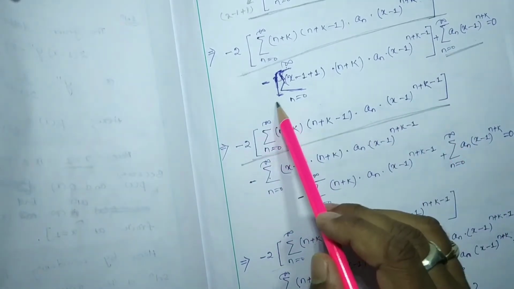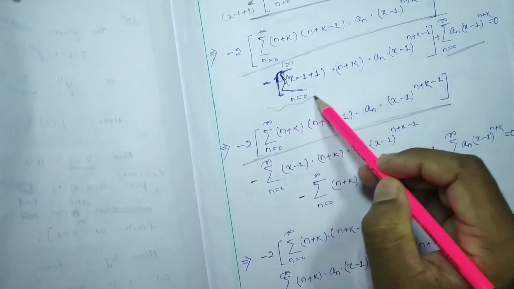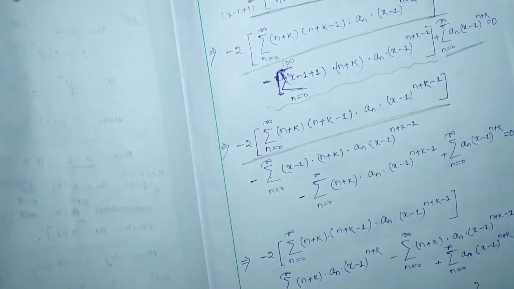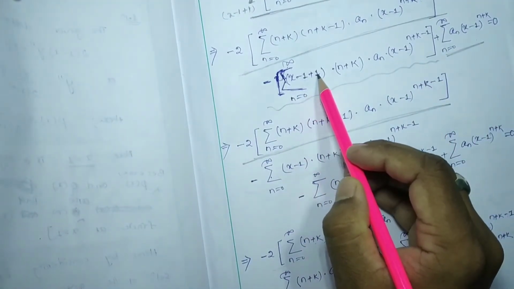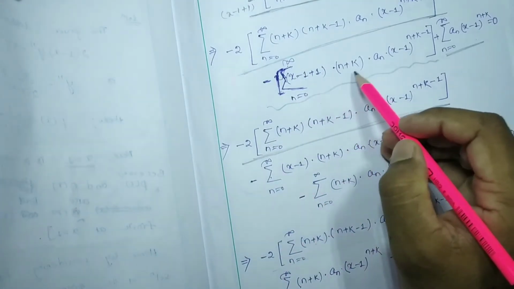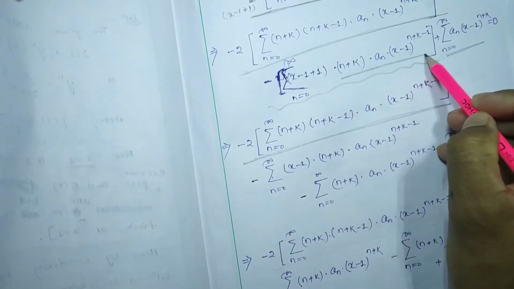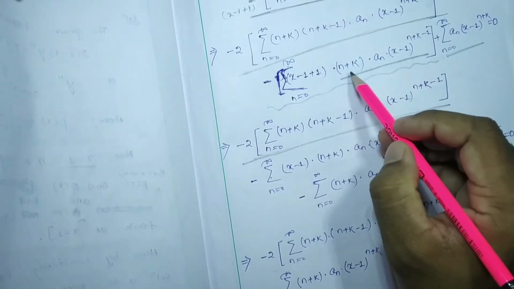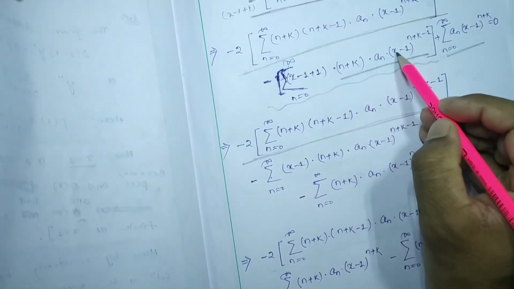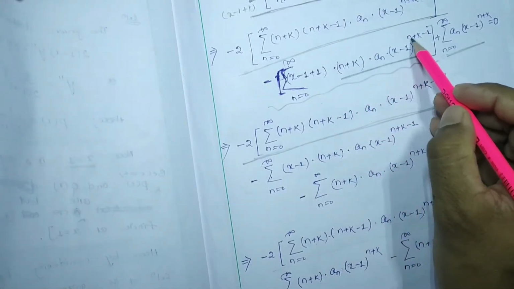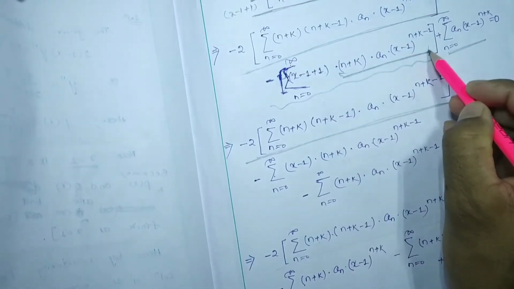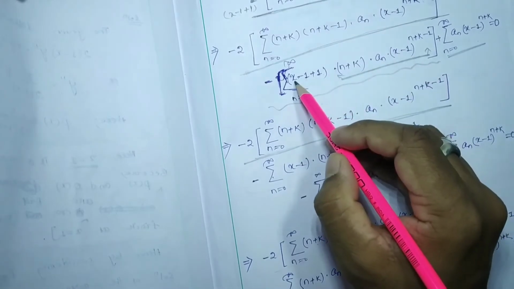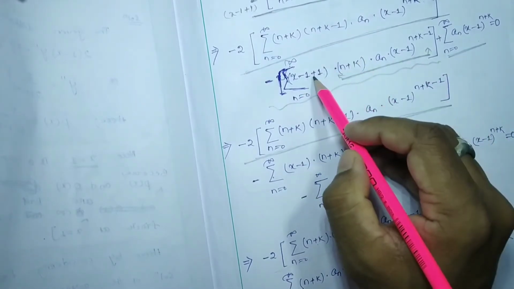Come to the next term, this one. Here you can see x minus 1 plus 1. So n plus k into a n into x minus 1 to the power n plus k minus 1 can be multiplied with x minus 1 and can be multiplied with 1.